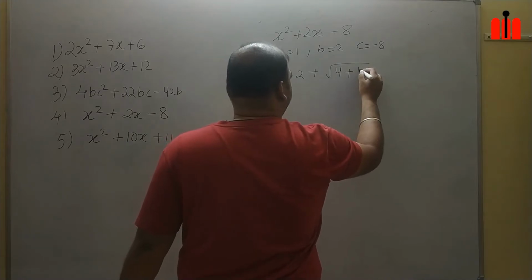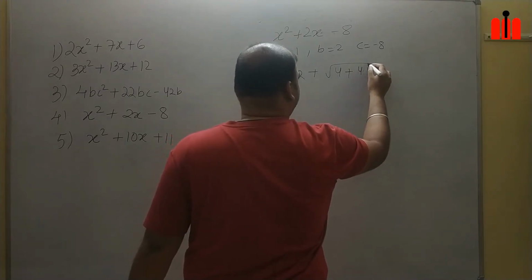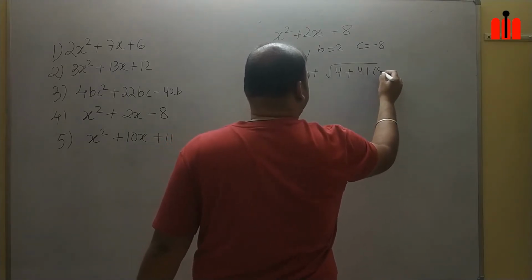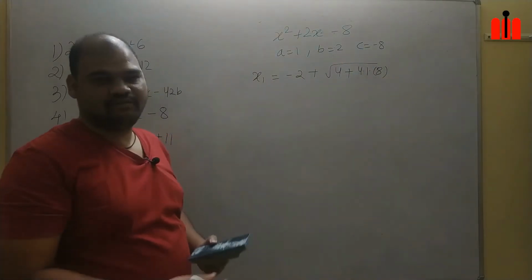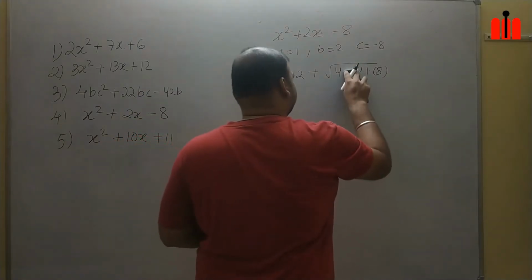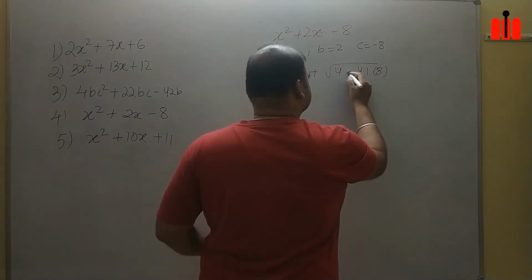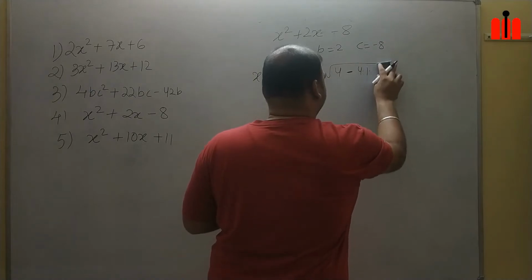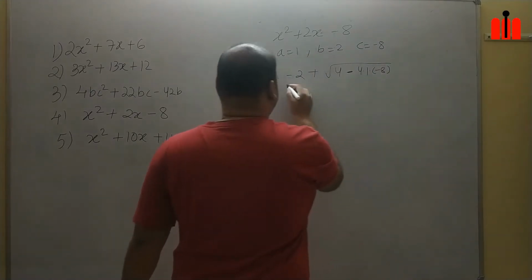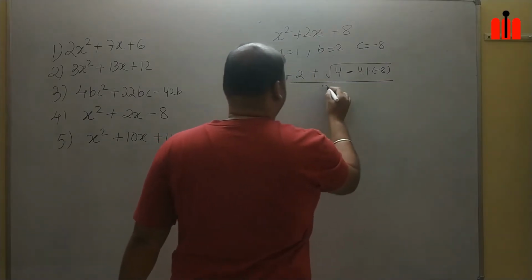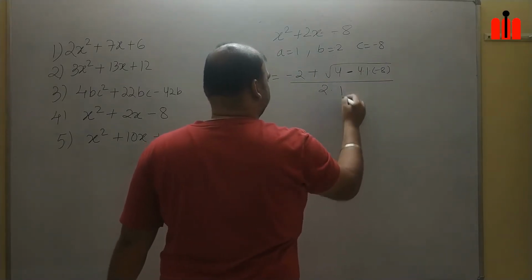I will take plus first. Minus 4ac means minus 4 into a, 1, into c, minus 8, divided by 2 into a, which is 1. Minus into minus becomes plus.